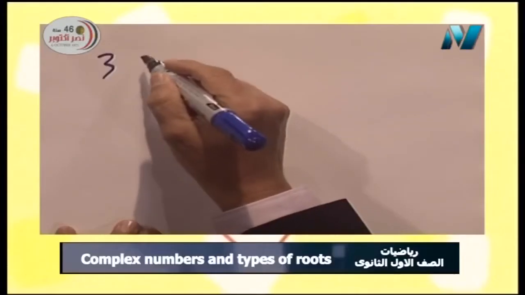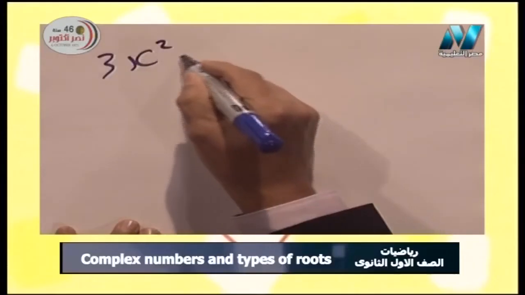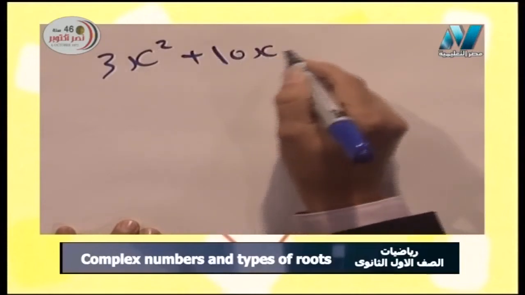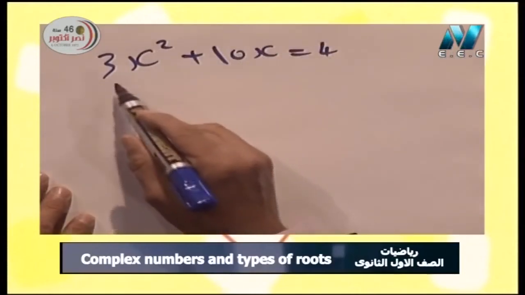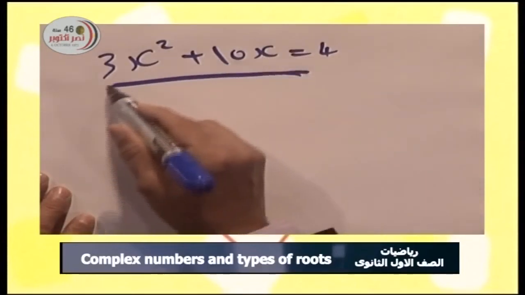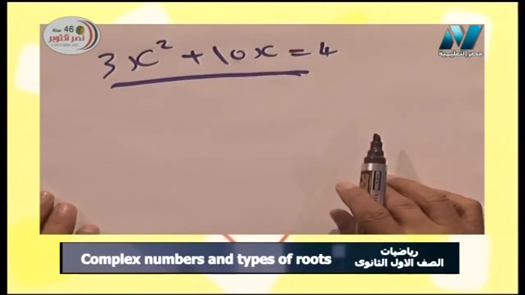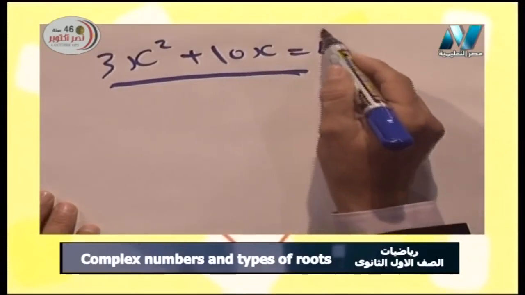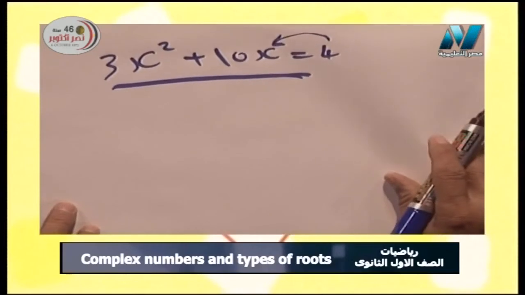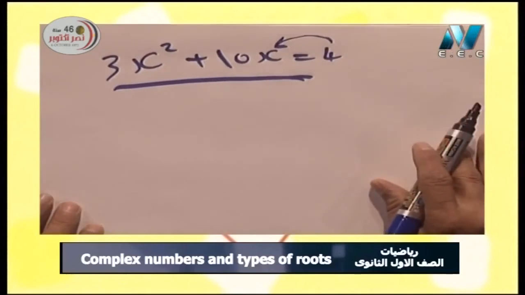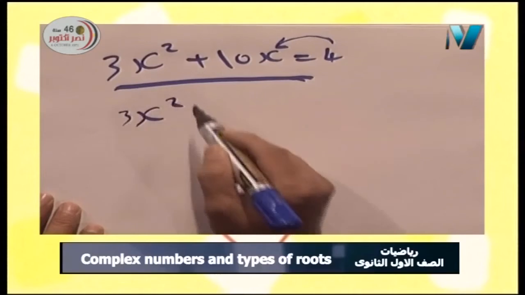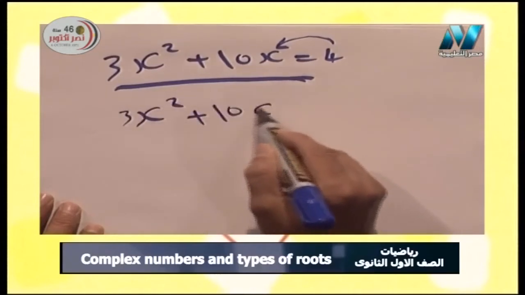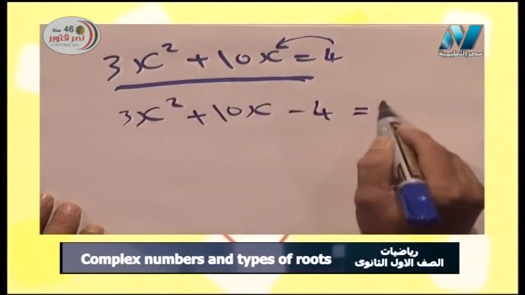If we have here 3x² + 10x = 4, is this equation in its standard form? No, because the 4 is on the other side. We can transfer it to the left side. It will be 3x² + 10x - 4 = 0.